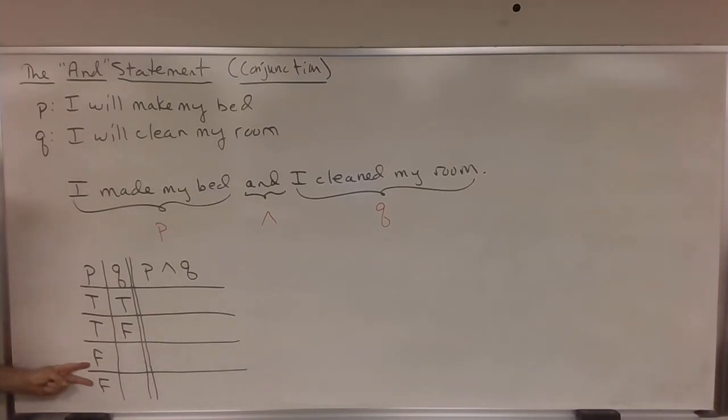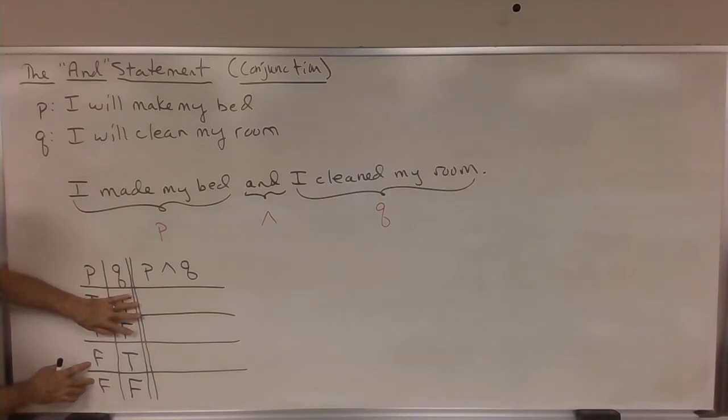So if P is false, there are two possible truth values for Q. If P is false, maybe Q is true, or maybe Q is false. And this lists all the possible truth values for P and Q, assuming that P is false.